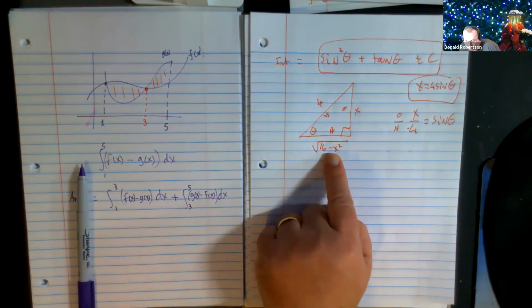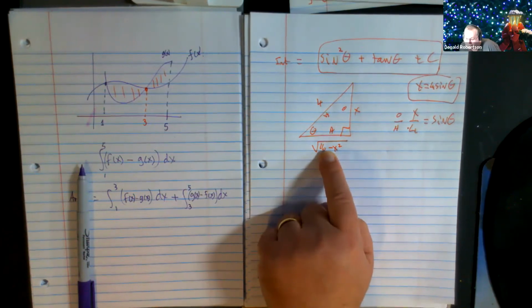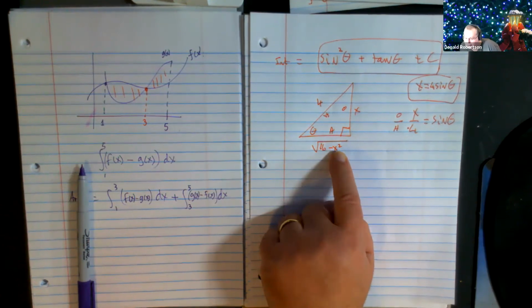If you have a square root of 16 minus x squared, as we do here, shouldn't the original integral have a square root of 16 minus x squared in it somewhere? Not a square root of 16 plus x squared, not a square root of x squared minus 16, but 16 minus x squared.